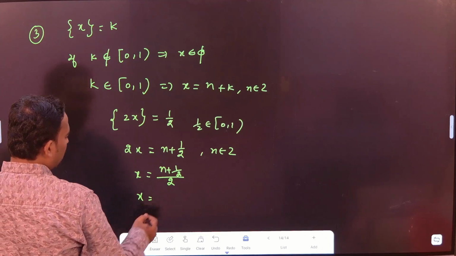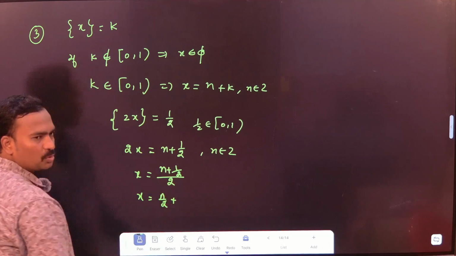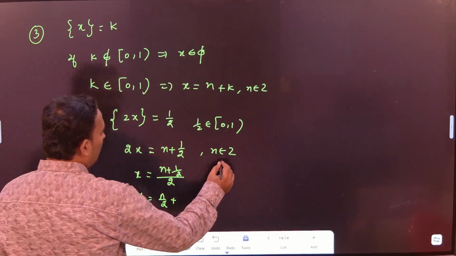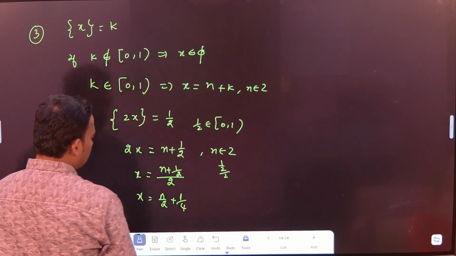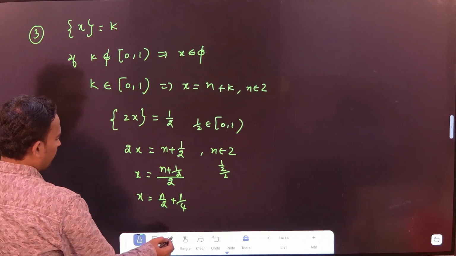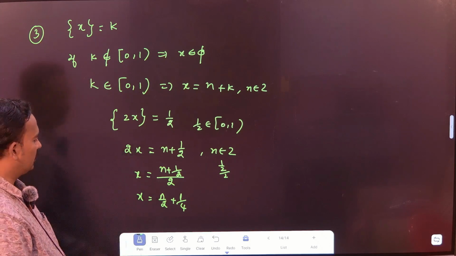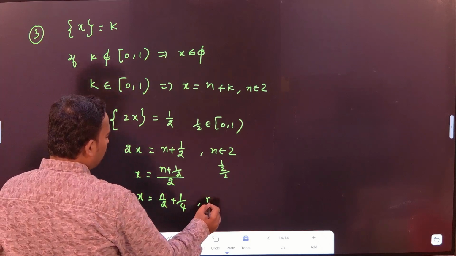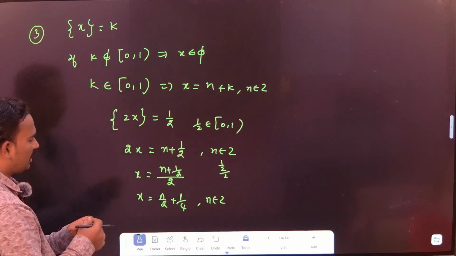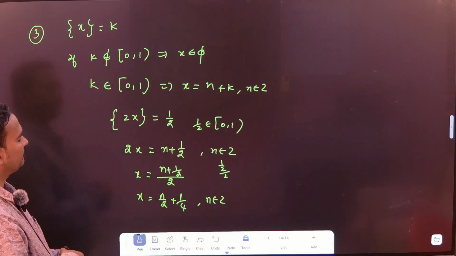Therefore x is equal to, you divide it separately, n by 2 plus 1 by 2 divided by 2, which is 1 by 4, right? Correct? I hope everyone understands, right? Okay, this is your x value. You can take n as any integer, so infinitely many solutions are possible here.